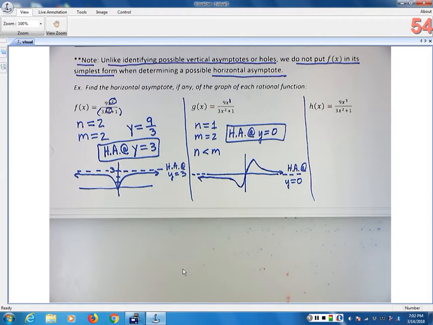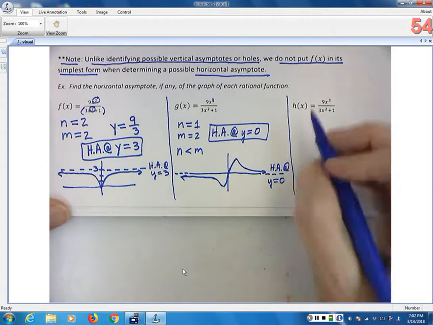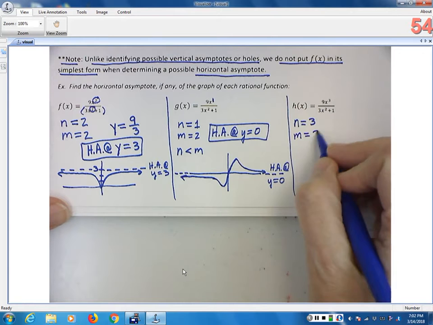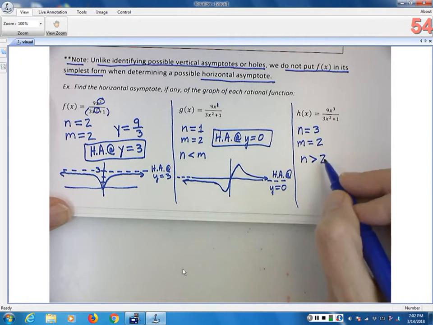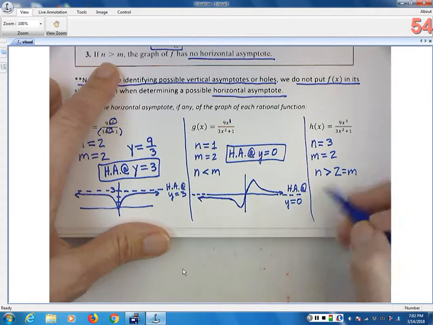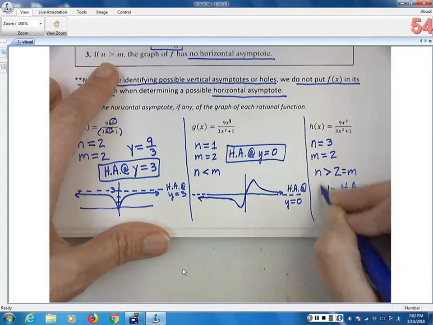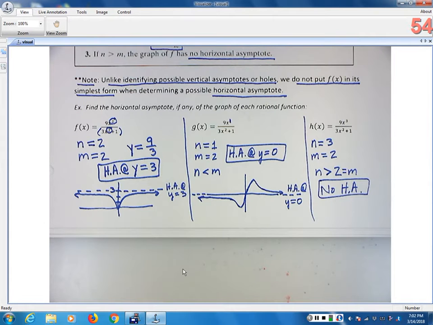All right. Then the next one, just look at the degree of the numerator. N is 3. M is 2. N is greater than M. We follow this rule. And we write no HA. And box it in. We don't leave it blank, because I'll think you didn't understand it.